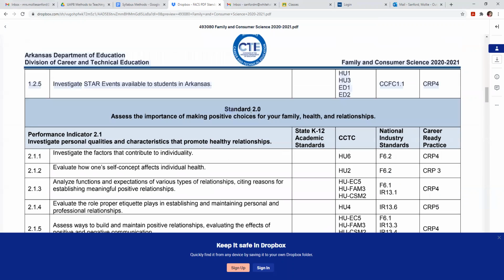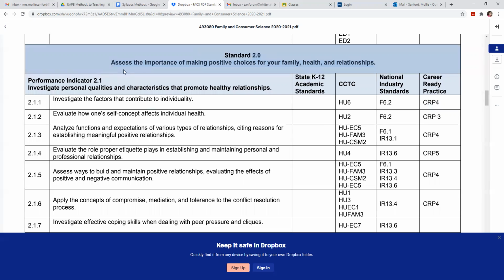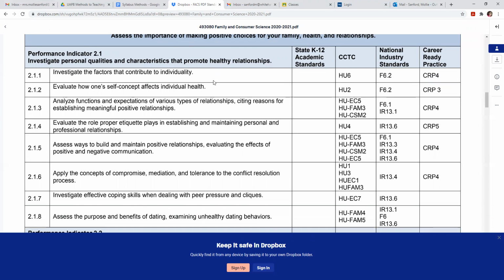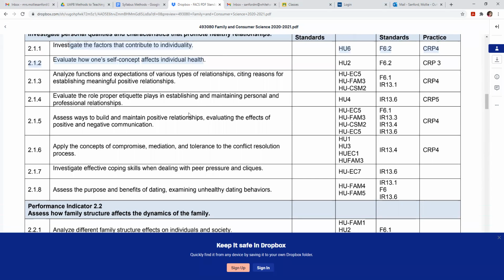Then we get into standard 2, which would be a whole other topic apart from FCCLA. This one is about families, health, and relationships. So I'm actually teaching this unit right now with my FCS class. We just got done talking about individualism and personal traits and characteristics that set them apart from other people.